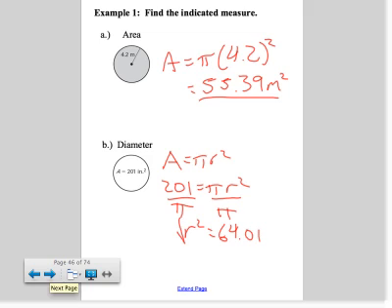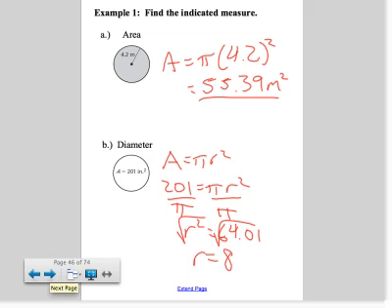64.01, and so when I take the square root of both sides, the radius of this circle, I have the square root of 64.01. It's obviously just going to be 8.0006, so we're just going to round that to 8.